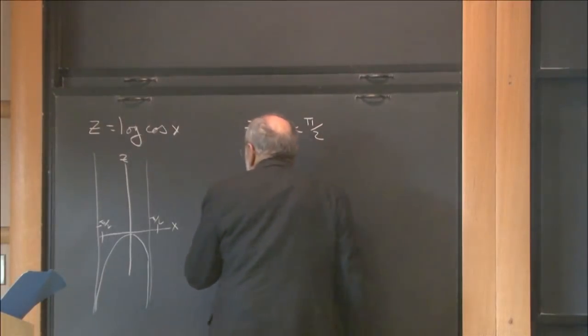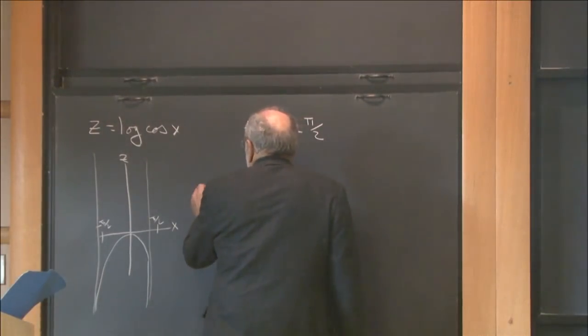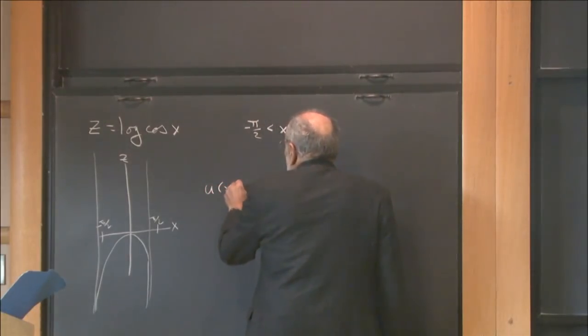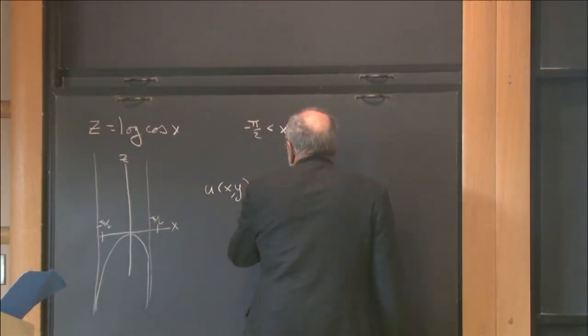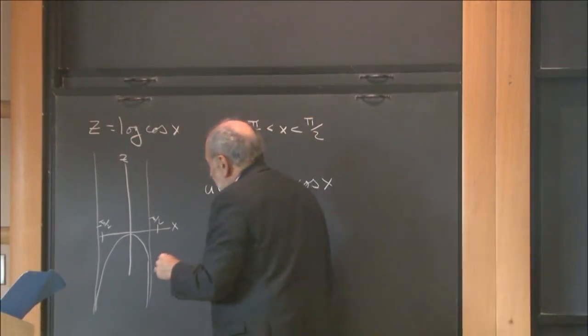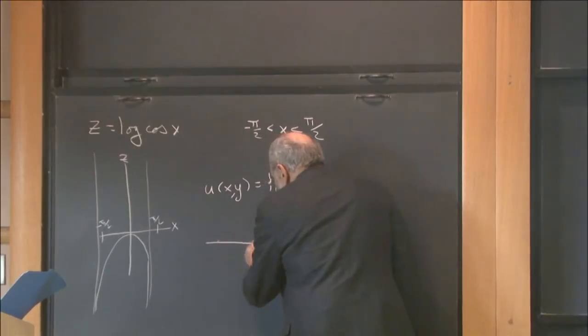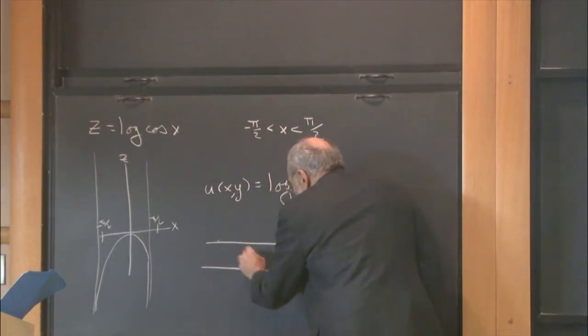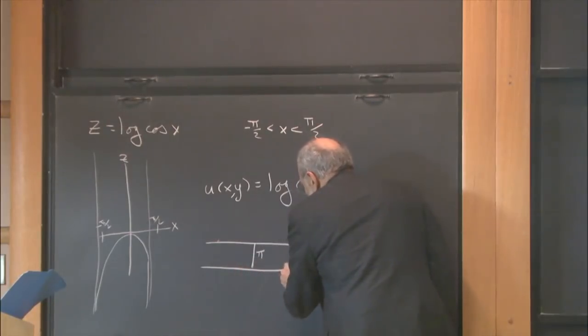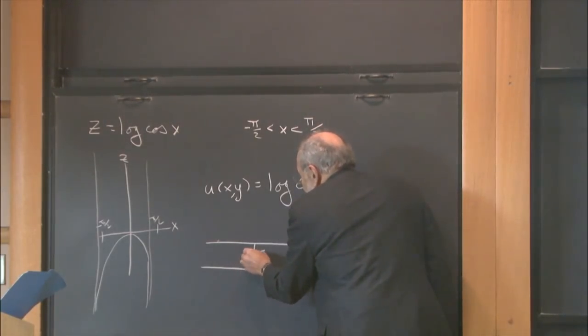If I take this curve and look at u of x, y equals log cosine x, what I'm doing is now taking something defined on a strip of width pi. So this will be my x.